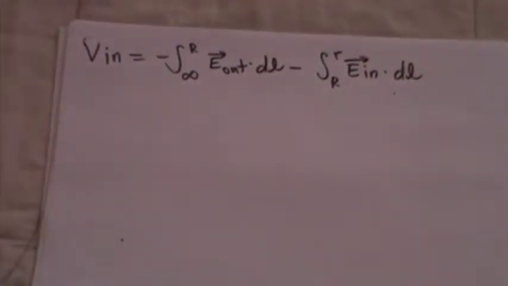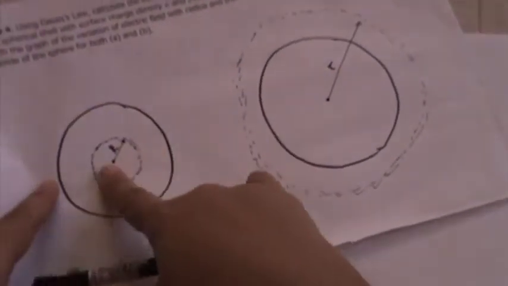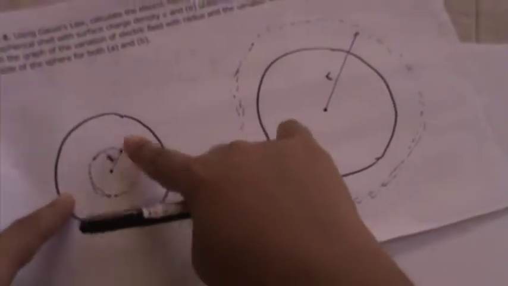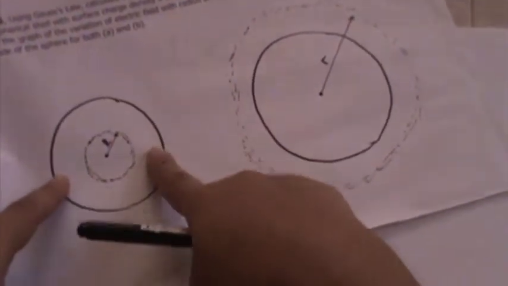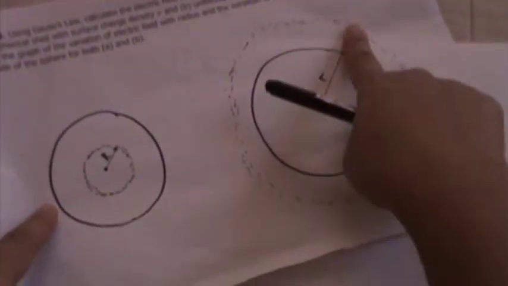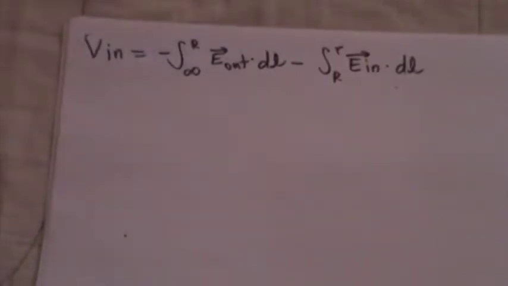Okay, we analyze the equation from the outside: the potential inside will be subtracted from the potential outside. So let us try to solve this one now.